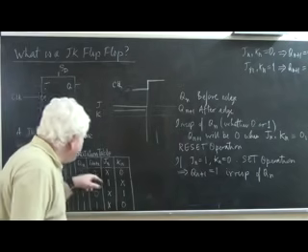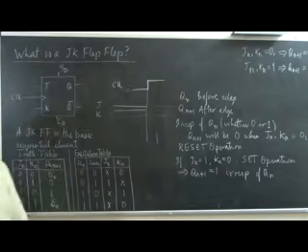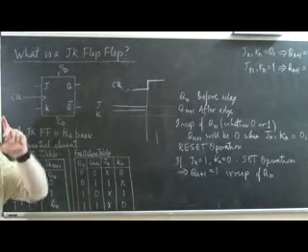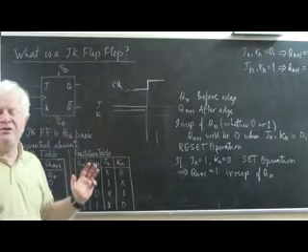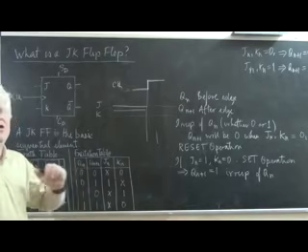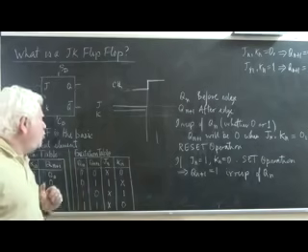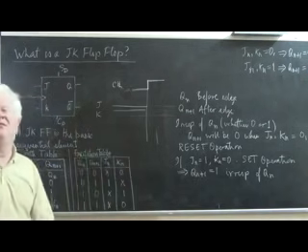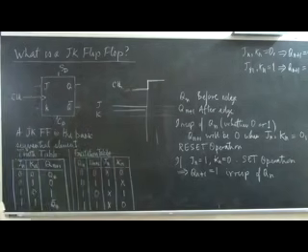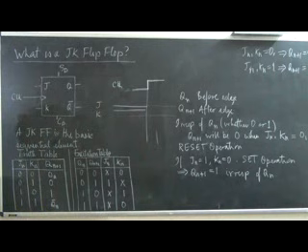For example, if Qn plus 1 is 0 and Qn were also 0, you can characterize it in two ways. You can say the output did not change, or you can say the output was made to be 0 irrespective of the previous state. Now if the output is made to be 0 irrespective of the previous state, then it was a reset operation. In short, Jn and Kn should have been 0 and 1.